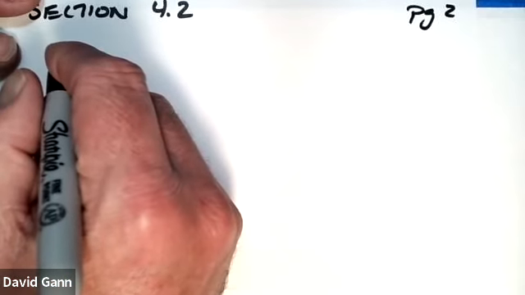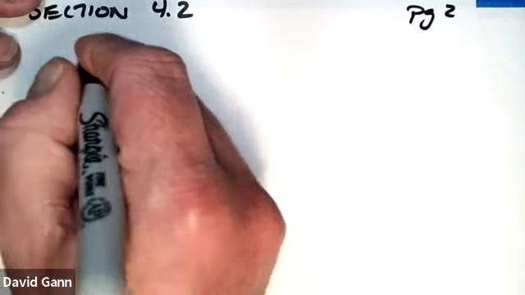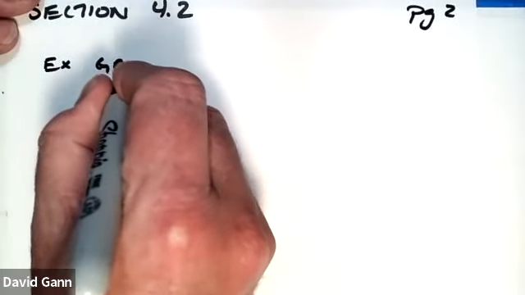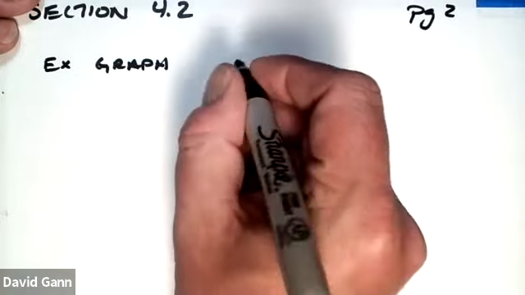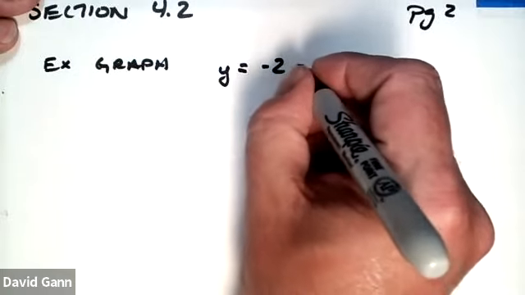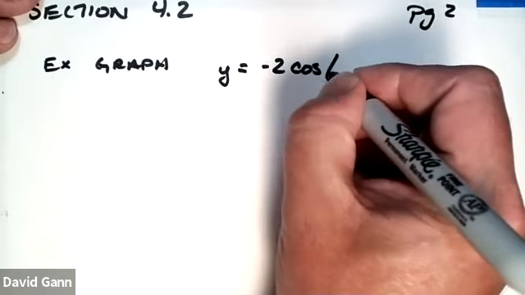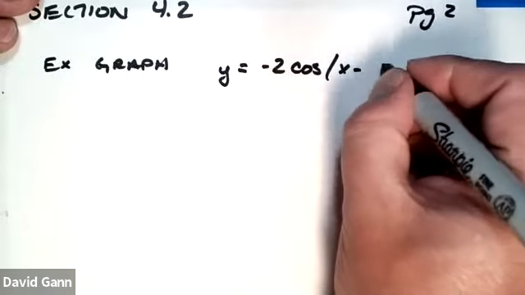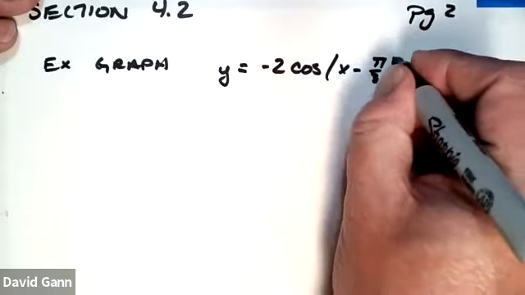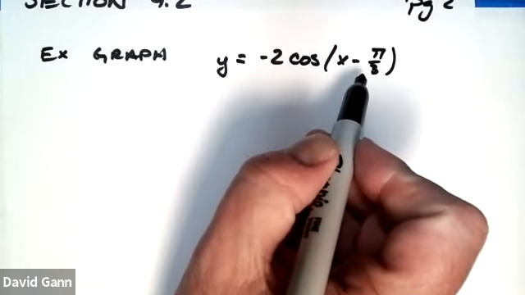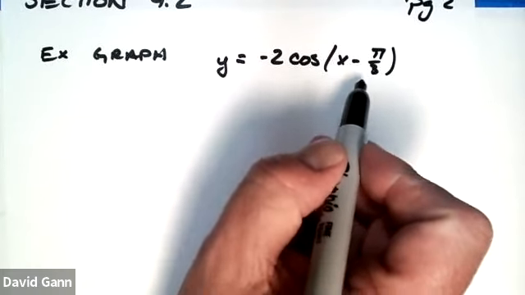So let's do another graph. Let's graph the equation y equals -2 cosine of x minus pi over 3. Now this graph is shifted to the right.